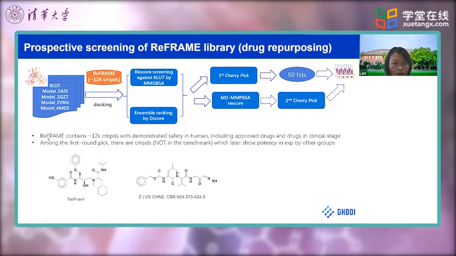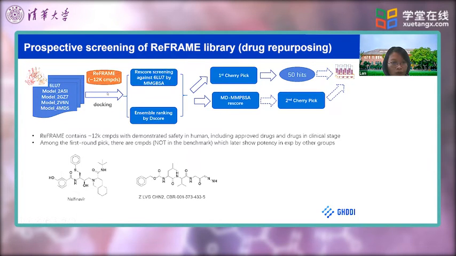The ReFRAME library contains around 12K compounds with demonstrated safety in humans, including approved drugs and drugs in the clinical stage. Here's the workflow of the virtual screening.